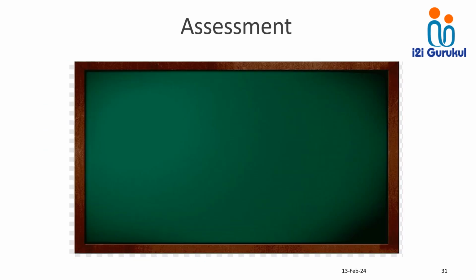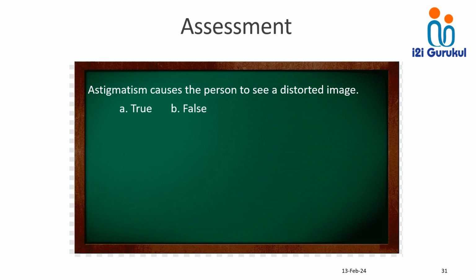Okay, moving on to the next, as I am repeatedly assessing you during this session. Here is the new question: astigmatism causes the person to see a distorted image. Is it true or false?